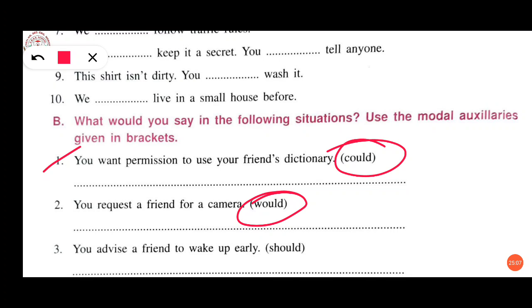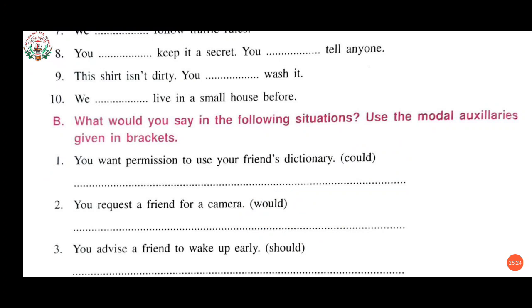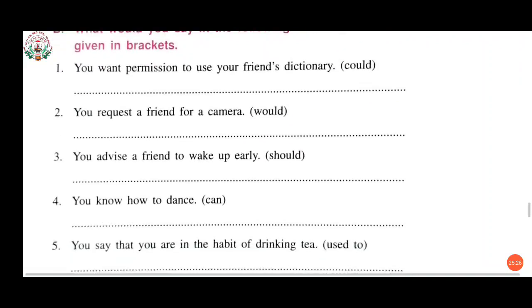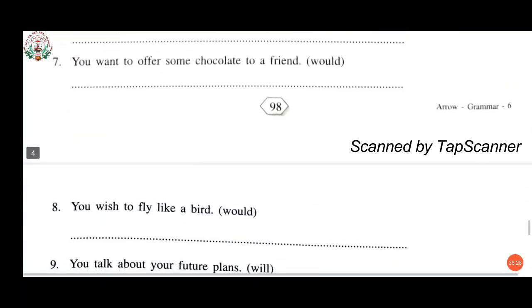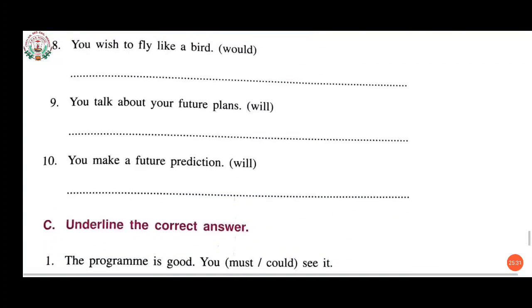Third one: you advise a friend to wake up early, and in the bracket should is given. So: I think you should wake up early. Now students, try the rest on your own and you will get the PDF.